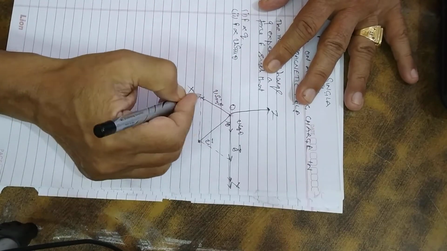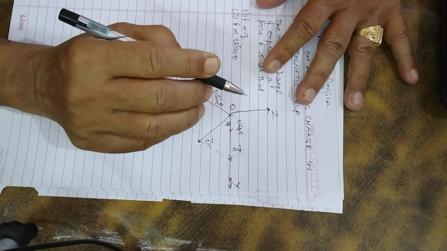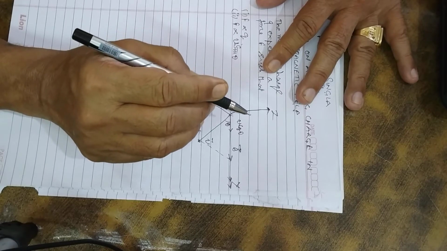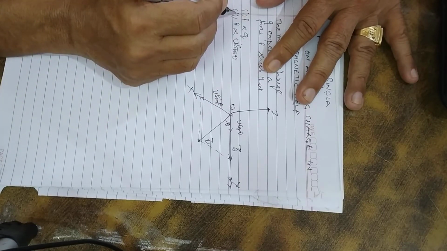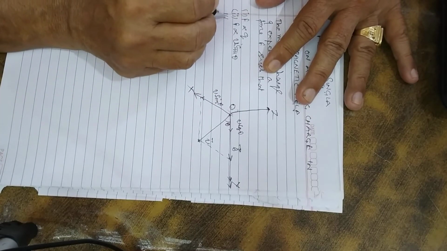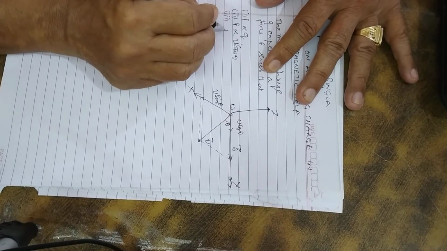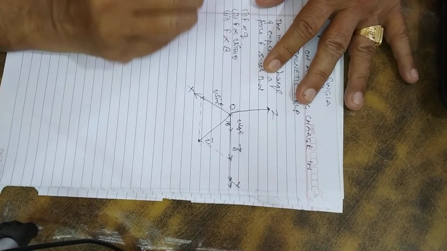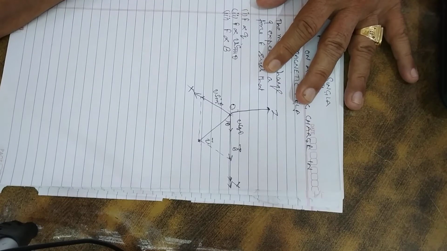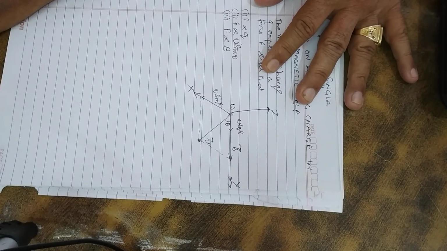And next, the magnitude of this force is directly proportional to the applied magnetic field, that is F is proportional to B.